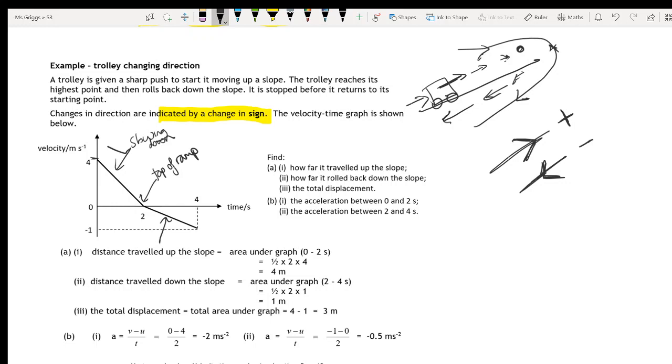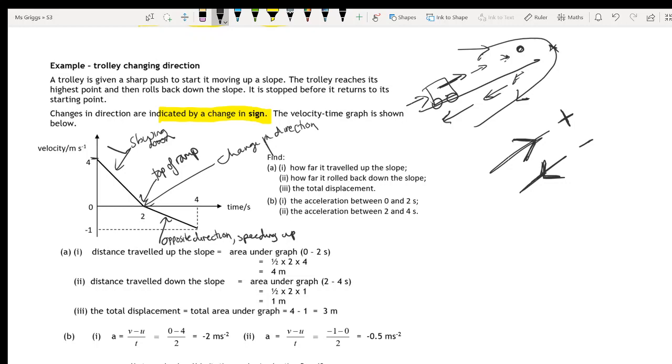So, opposite direction. But it will speed up because it's going back down the ramp. Okay, so that's what's happening with this graph. So as it crosses the x-axis here, there's a change in direction. It means it starts going the opposite way.